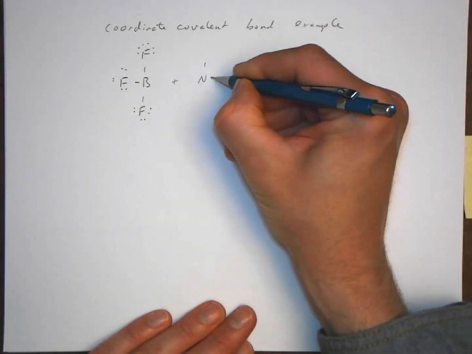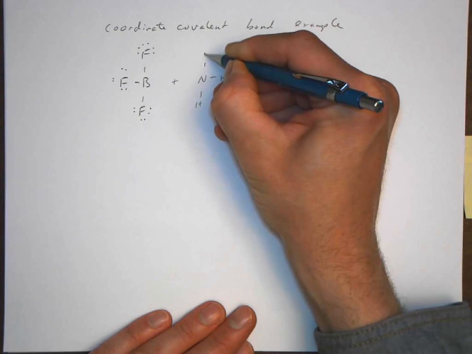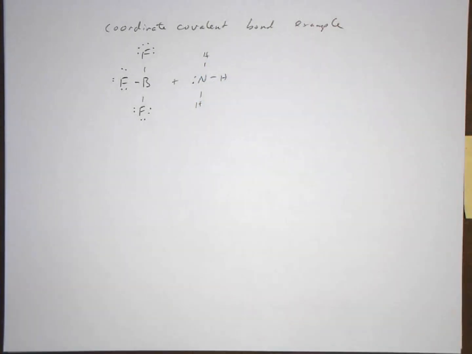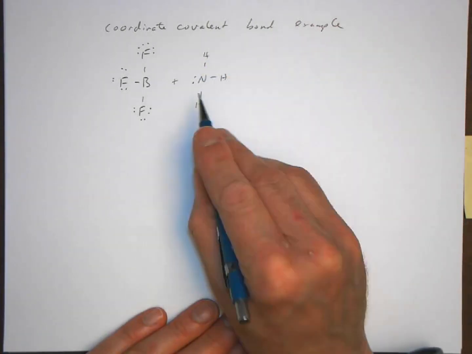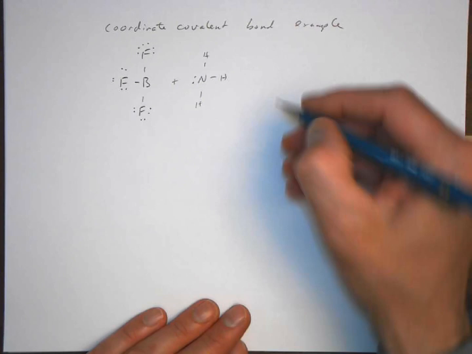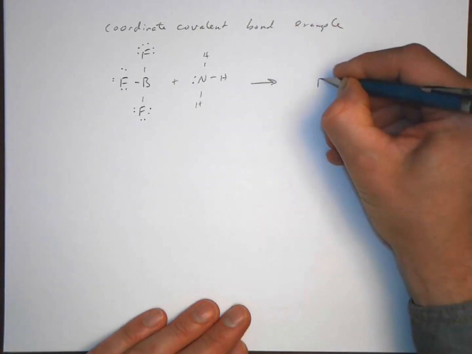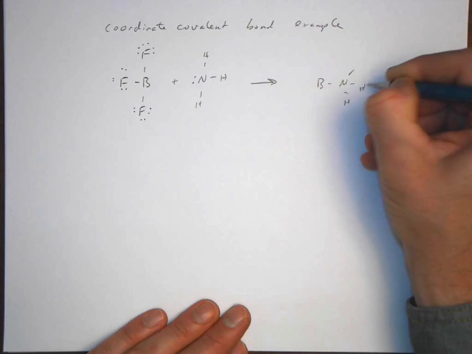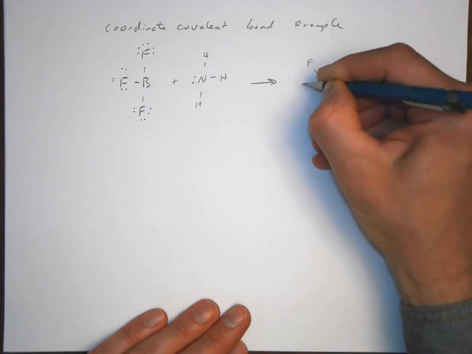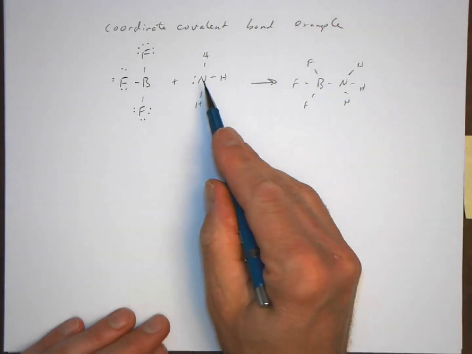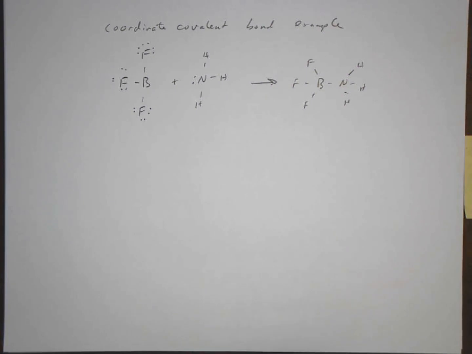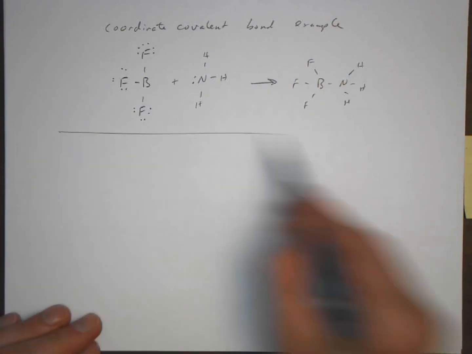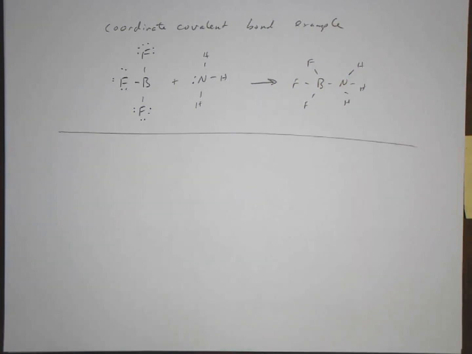But what happens if boron trifluoride reacts with this molecule called ammonia is we have a bond between the boron and the nitrogen, but both of the electrons that are part of the bond come from the nitrogen. So I want you to be aware that there's such a thing as a coordinate covalent bond.